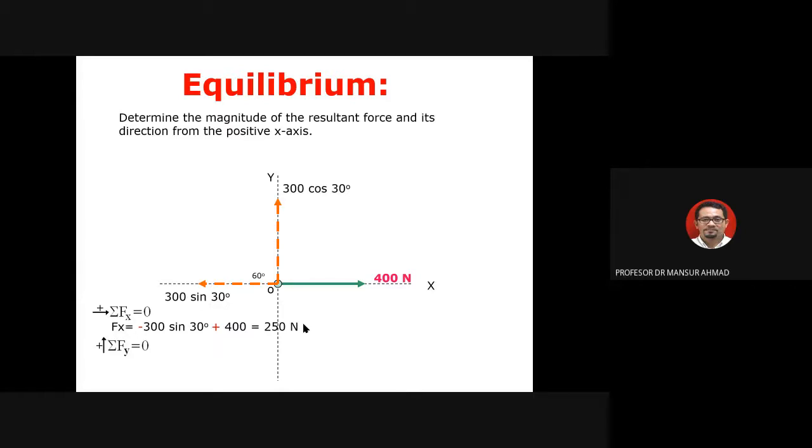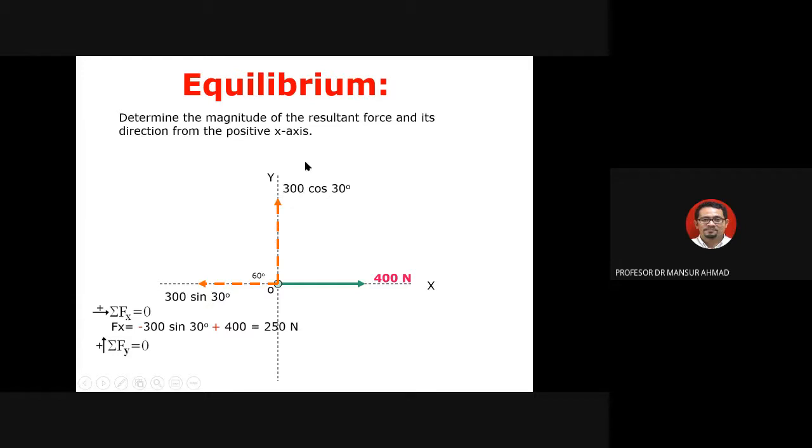It doesn't have to be the x-axis first, but because it's alphabetical order, I start with X. So summing forces in the Y direction, again, if you look at the diagram here, there's only one force. This is positive 300 cosine 30, or 300 sine 60 also works. The answer is the same.